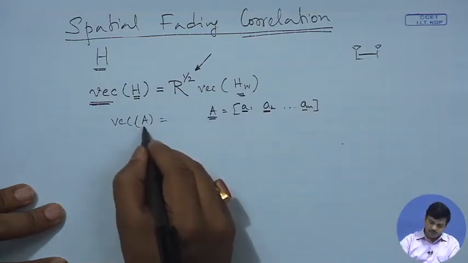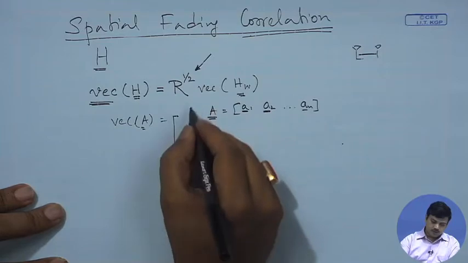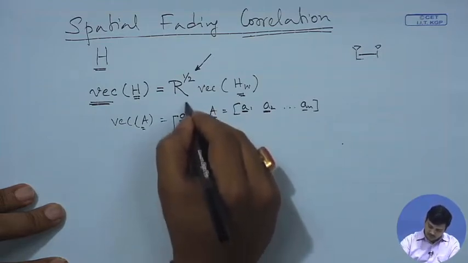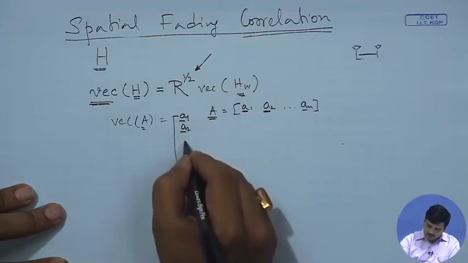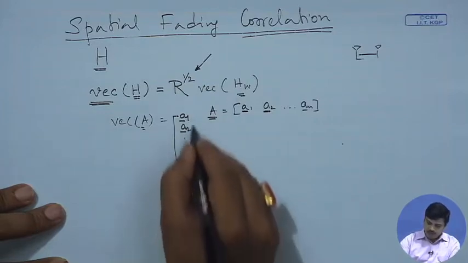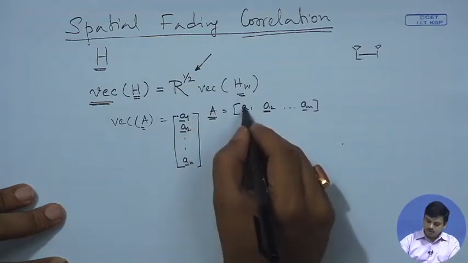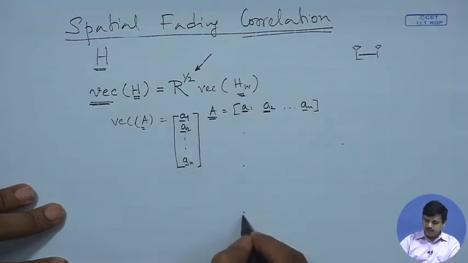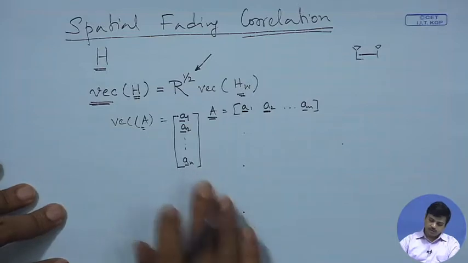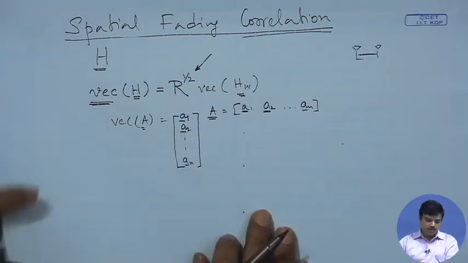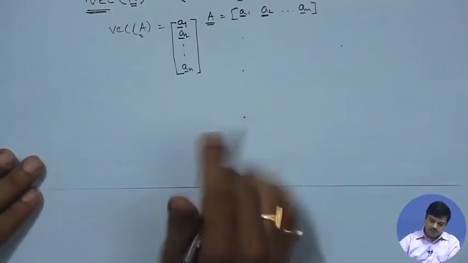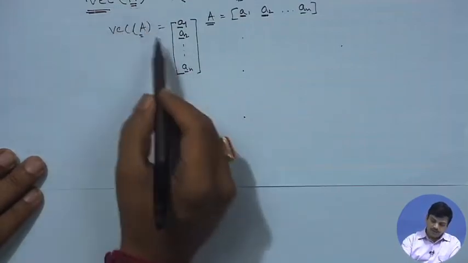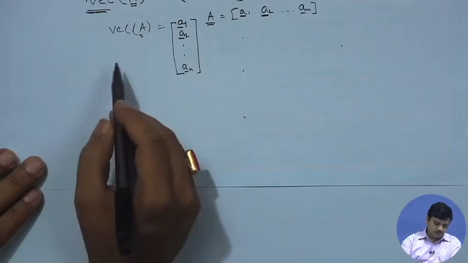Vec of A would be A1, the whole column, stacked above A2, stacked above A3, and so on up to An. So, this is how you do the vec operation. With this you could generate this particular H, and from vec of H you could get back to H.